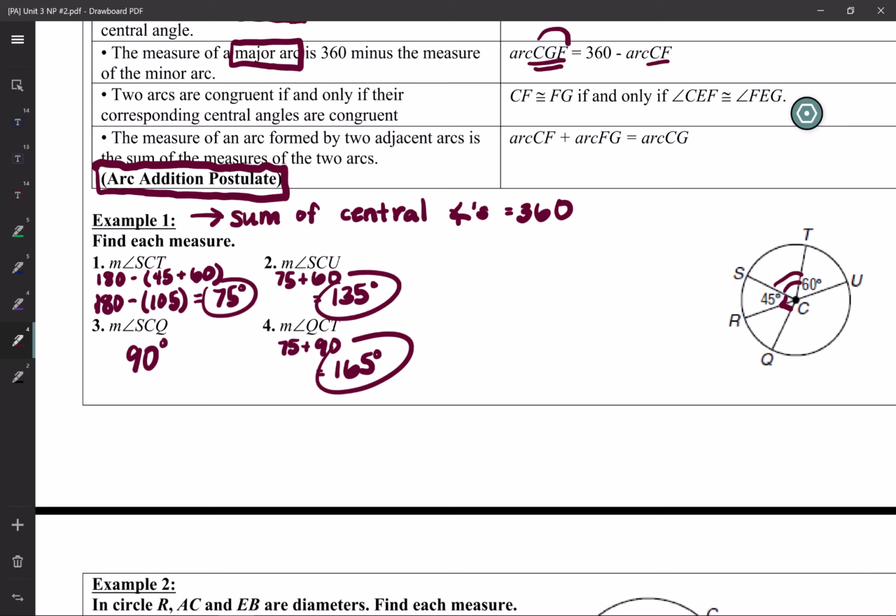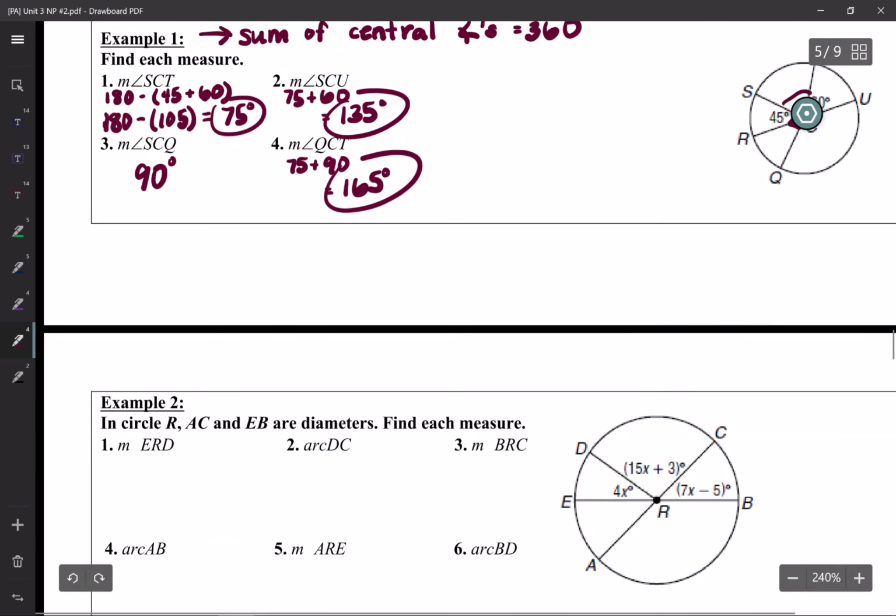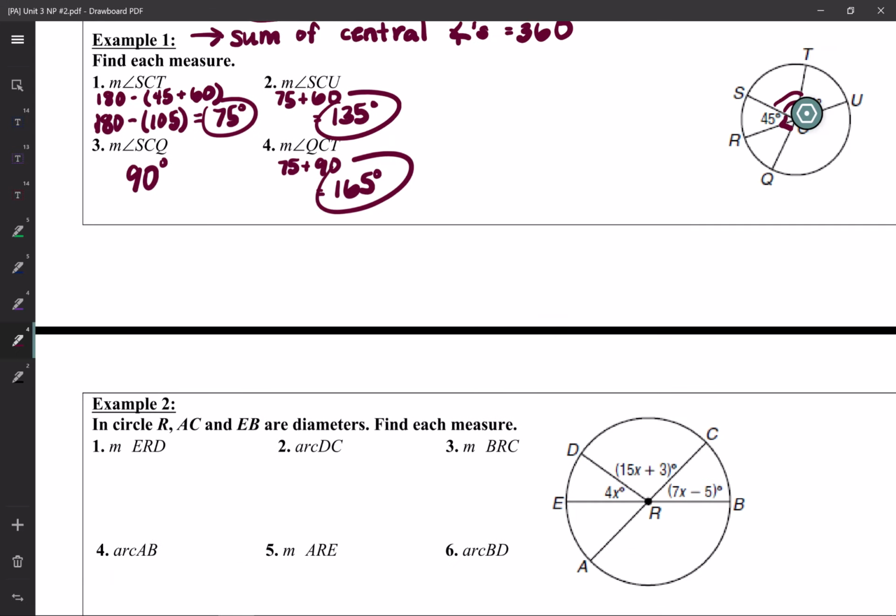So that's the idea of central angles all equaling 360. If you check my math, we add all these angles together, 60 plus 90 plus 75 plus whatever is left over, it all will equal 180 degrees.